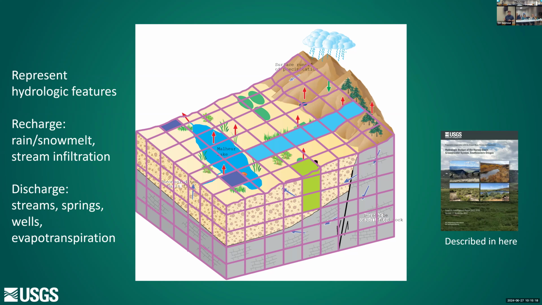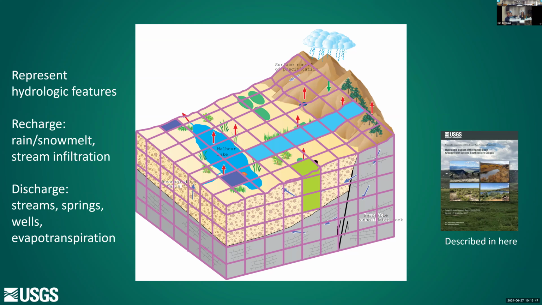So we have to go through for the entire basin and build this to include all the streams and all the springs, all the different geology, all the wells that we have information about. They all get put into this model, and then we run the model for different time steps and with different amounts of recharge and so on, solve these equations over and over again. And it tells us how groundwater is going to move through this model of the aquifer.